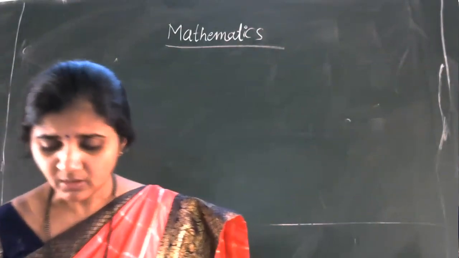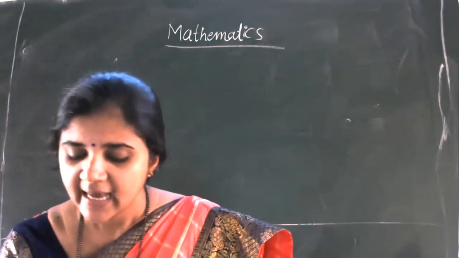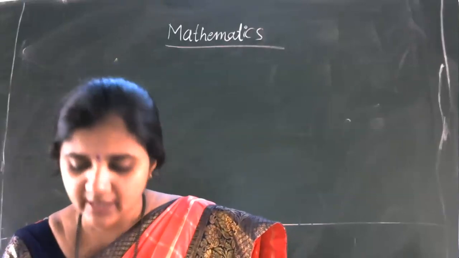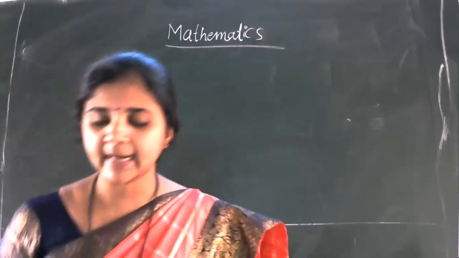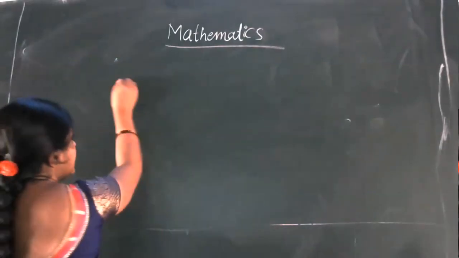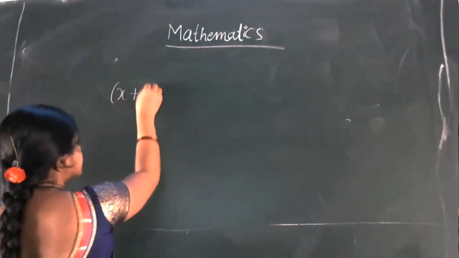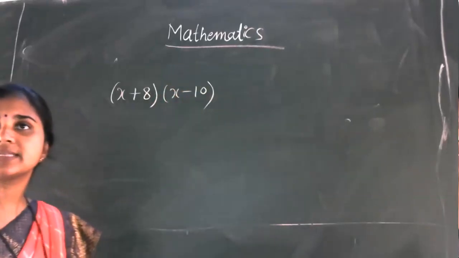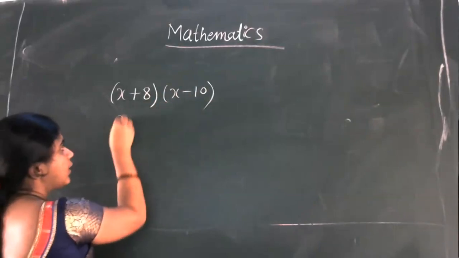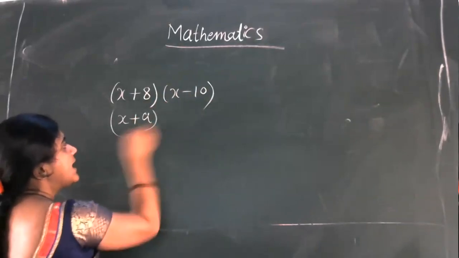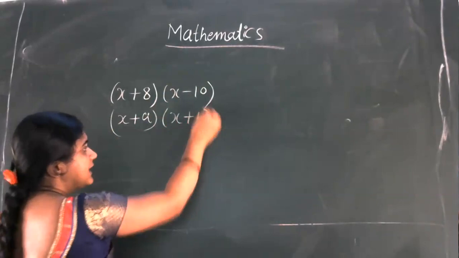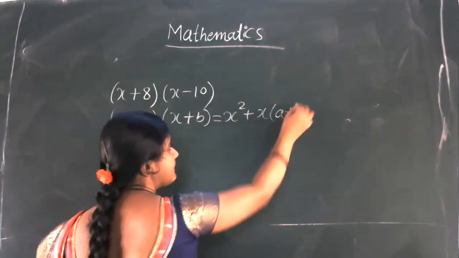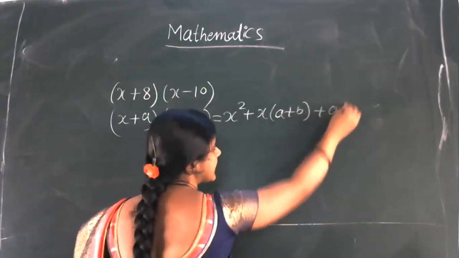First question is x plus 4 into x plus 10. That is very clear. Next, second one: x plus 8 into x minus 10. Is that clear? So this is in the form of x plus a into x plus b, which is equal to x square plus x into a plus b plus ab.